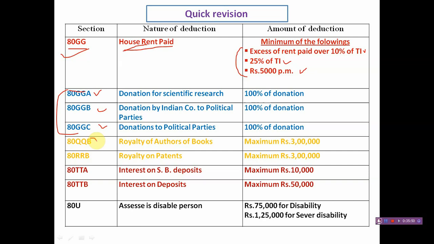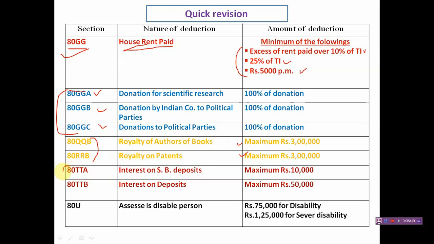And the next two are in respect of royalty. 80QQB, royalty on books other than textbooks, and 80RRB, royalty on patents, and the amount of deduction is the same for both the sections, that is maximum rupees 3 lakh.